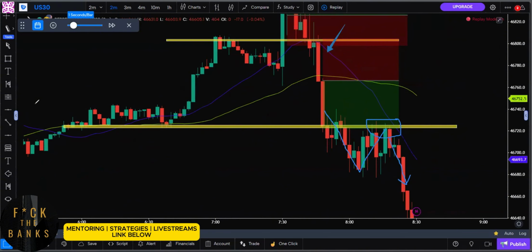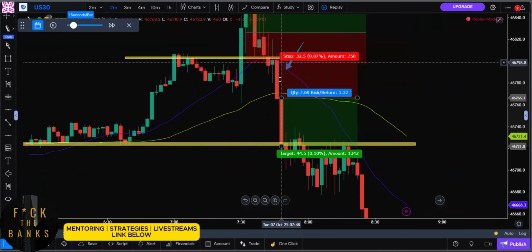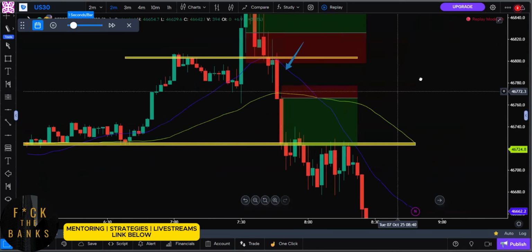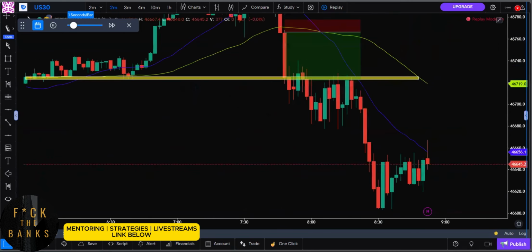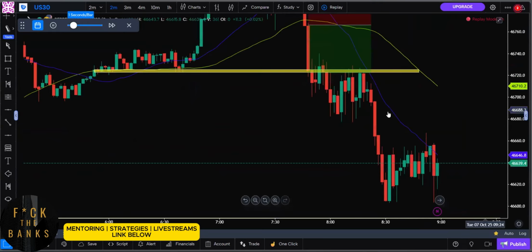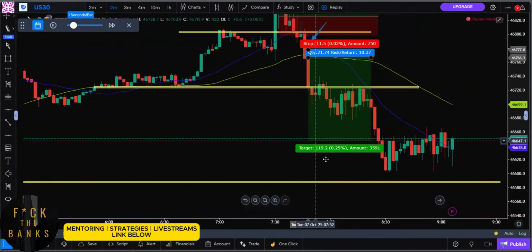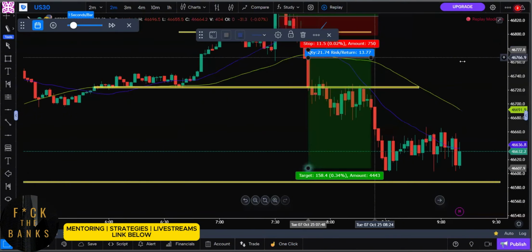So let me just show you how you could have managed this trade. Because I rarely leave some runners, I'm gonna be honest with you, but you can do it. Most of the trades that I take run for many points, such as this one and the other one in NASDAQ, as you can see. So this trade ran for 150 points.